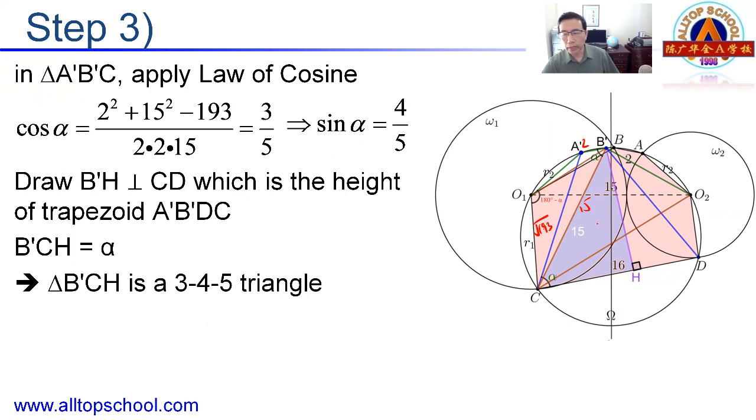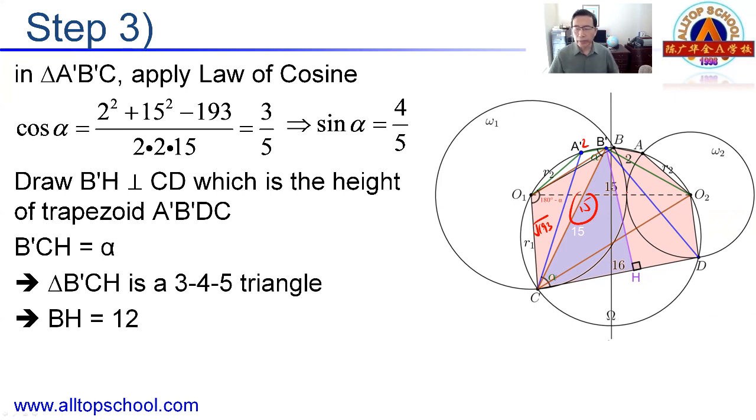Immediately we figure out the height B prime H equal to 12, because this length is 15, times 3/5, 4/5, that will be 12. So that's the height of this trapezoid.